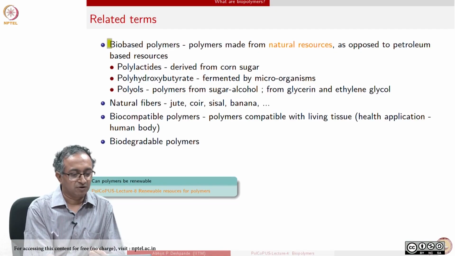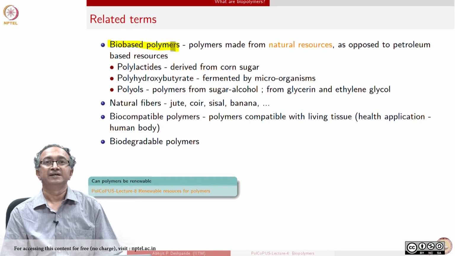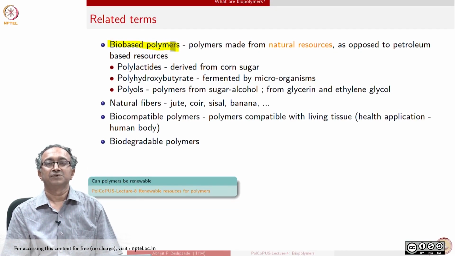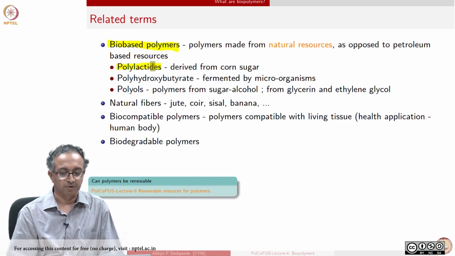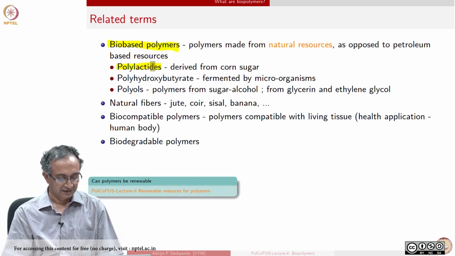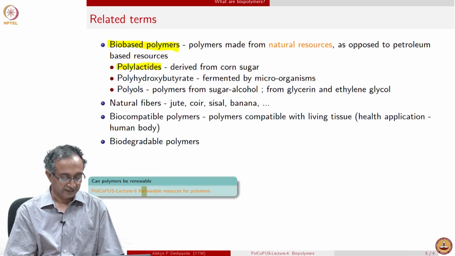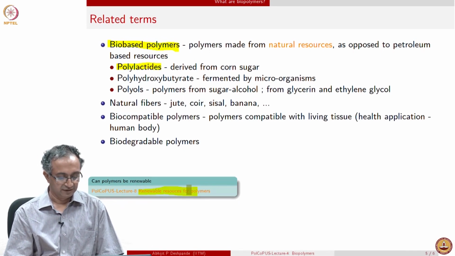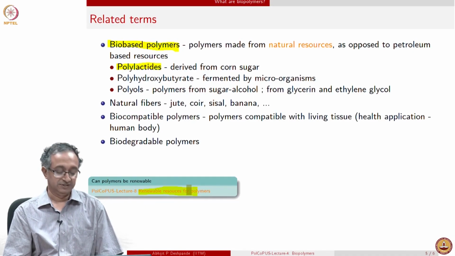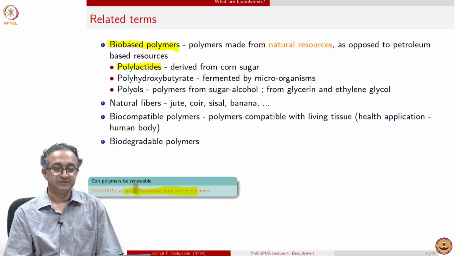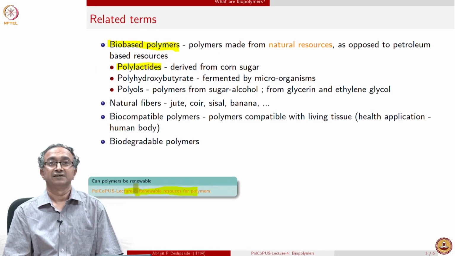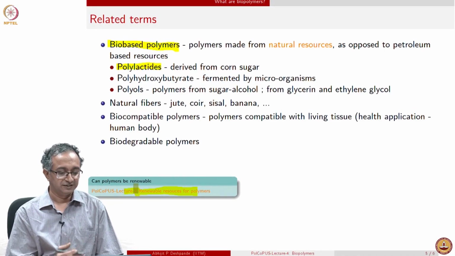Some polymers are called bio-based polymers, in which case the raw materials come from the natural world. An important example of this is polylactic acid, and we will look in a little more detail at renewable sources for polymers in lecture 8 also. Polylactic acid is considered a very good candidate material for packaging. It is a biodegradable polymer and it is made from corn sugar.